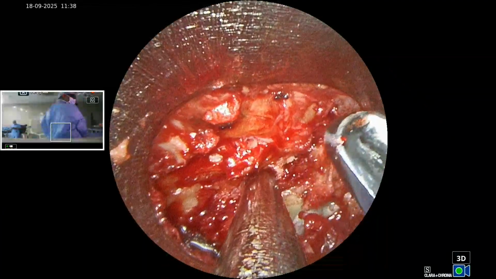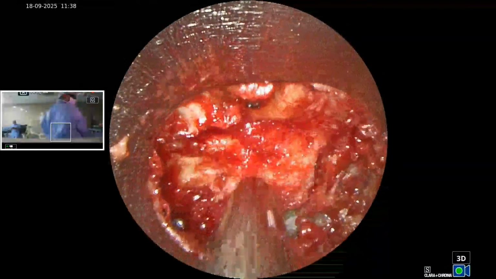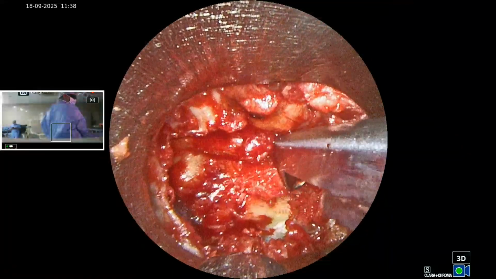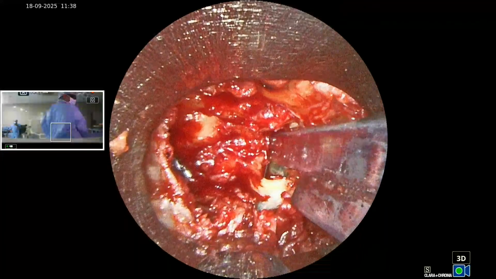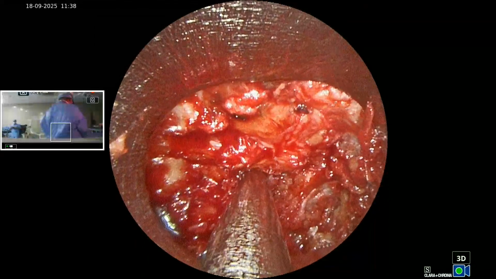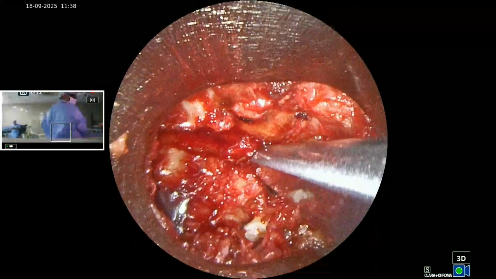So now we have detached the ligamentum flavum cranially. Now we are going caudally to detach our ligamentum flavum. The superficial layer is already removed, partially left here, caudally.